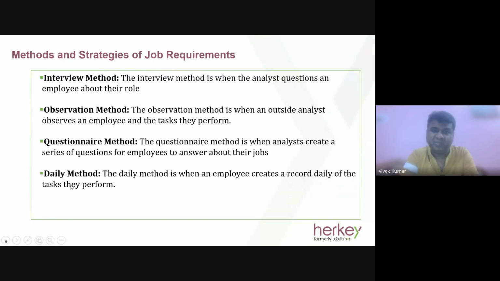But the moment you add a daily method on top of that, it becomes more comprehensive, right? So you can mix and match, but you have to pick one method clearly as the primary method, and then you can see which method can give you more information and so on. Okay.